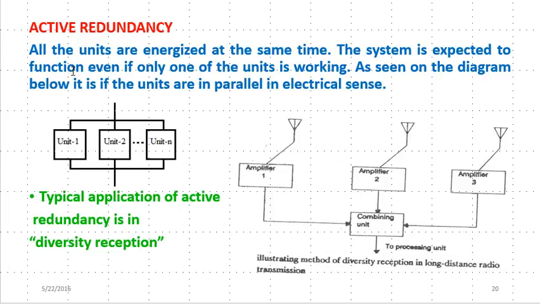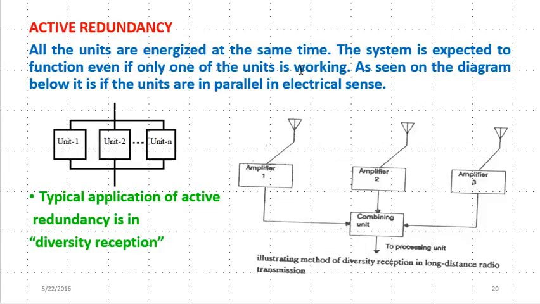Let us start with the active redundancy. In active redundancy, all your units are activated, they are energized at the same time. The system is expected to function even if only one of them is working, but we activate all of them and they are working at the same time. What's the advantage then?